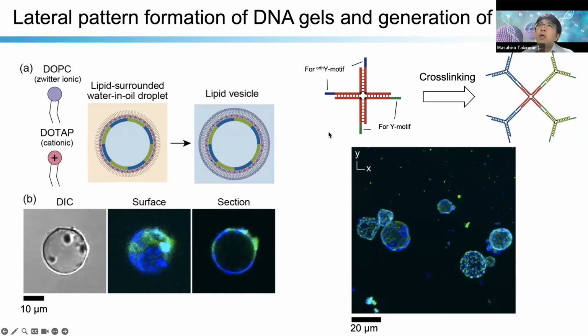In this case, the phase-separated gels are connected with cross-linking X-shaped molecules like this. After the removal of the liposome with surfactant, we successfully extracted the inner DNA hydrogel capsule from the inside to the outside solution like this.